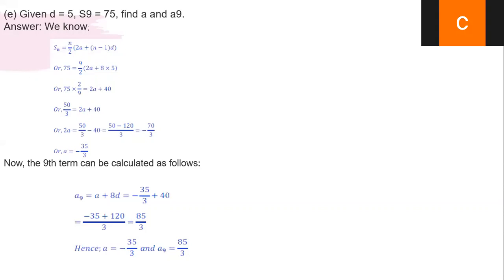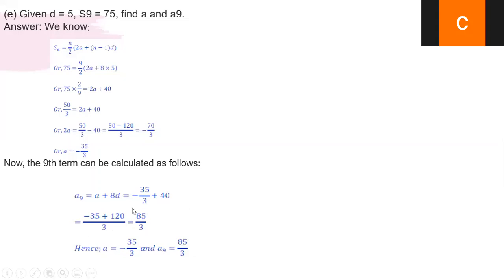Yes, that a value apply in the nth term of an AP, children. 85 by 3.